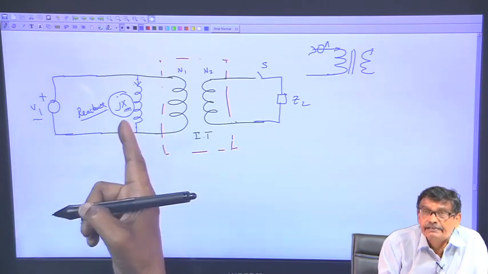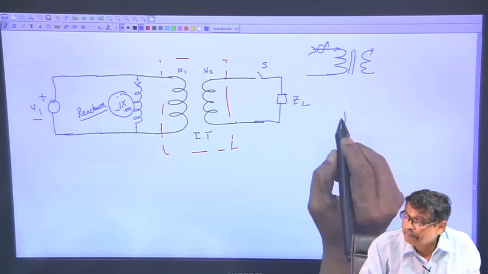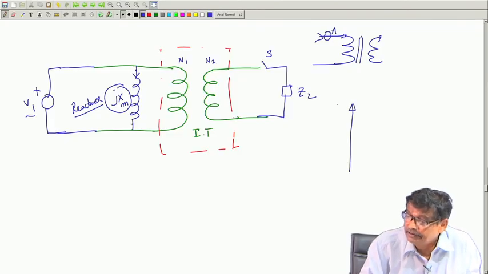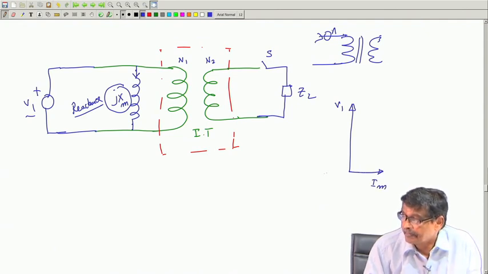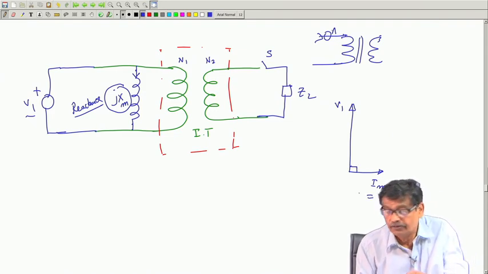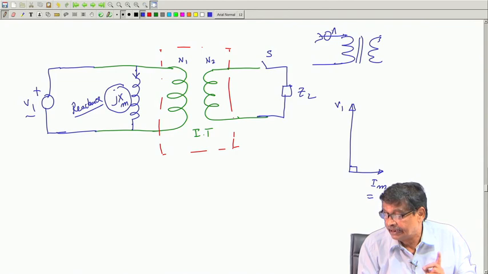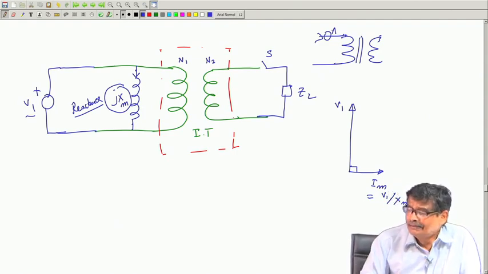V1 by jXm, that is, V1 is here with S opened. I know the magnetizing current is 90° lagging, and I will choose the value of Xm in such a way that Im is V1 by Xm, 90° lagging.